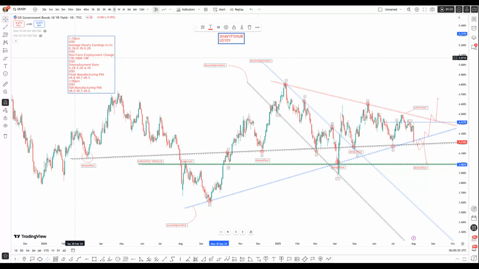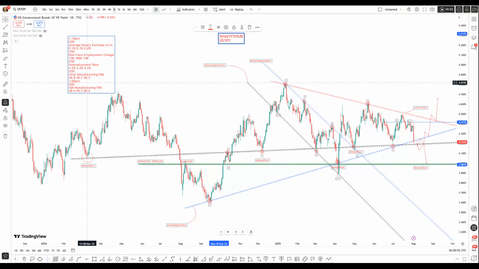And it's not a good thing, because the data came in way below expectation, 73 as against the forecast of 106. However, it still stands greater than the previous data, while unemployment remains the same at 4.2.